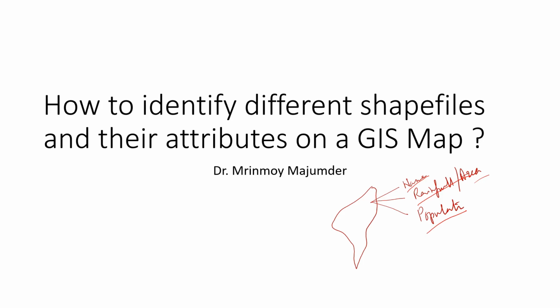But without going to the attribute table, if you want to see those information directly on the GIS map, then you can use three different methods that I will discuss today.